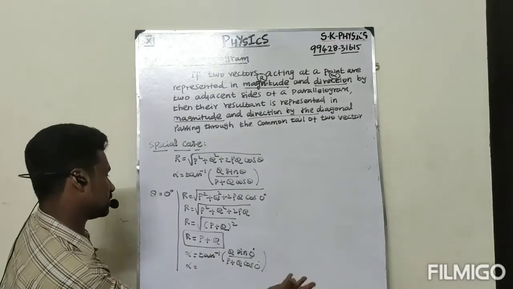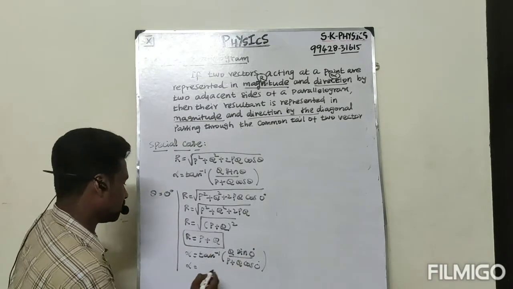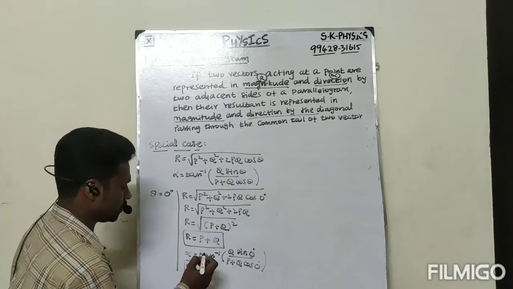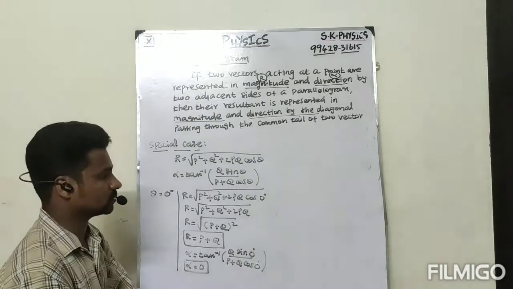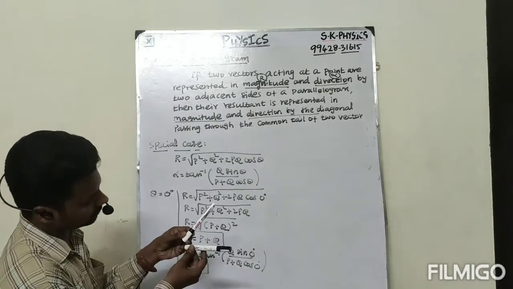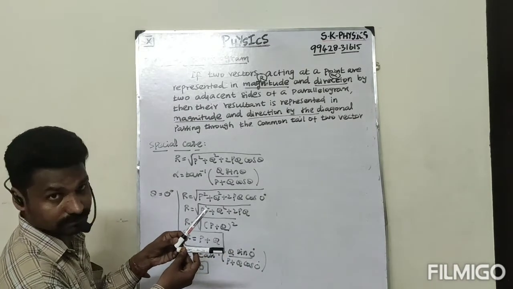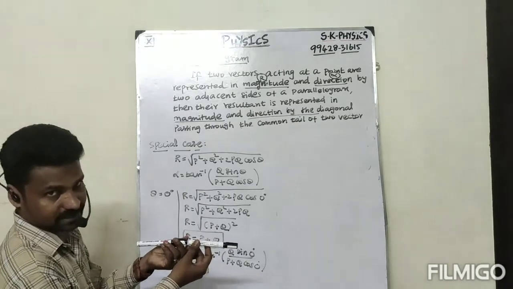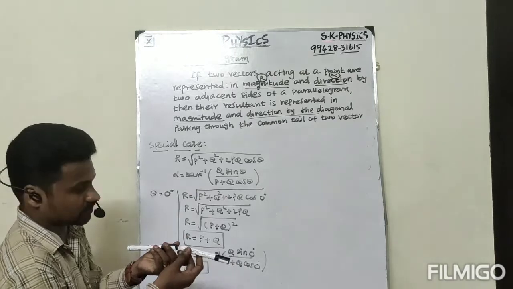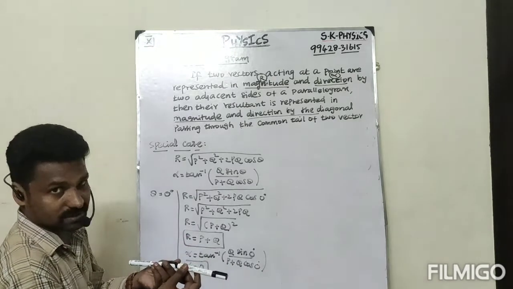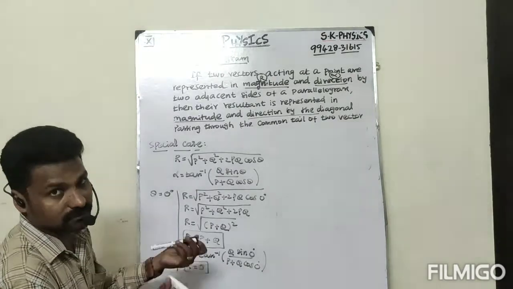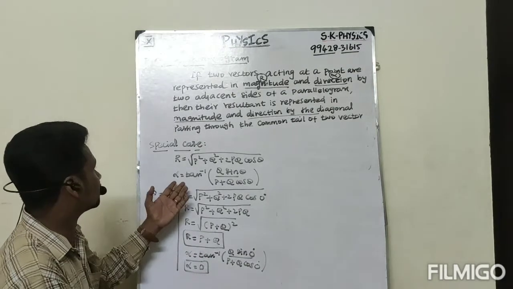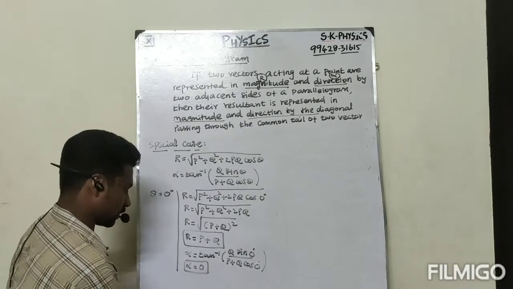So 0 divided by anything is 0. So the entire value will be 0. So the angle is 0. The P vector and Q vector may make some angle alpha, but here they are in the same direction, so there is no alpha. The resultant value is there, but there is no alpha value, because they are in the same direction. I hope you understand special case number 1.